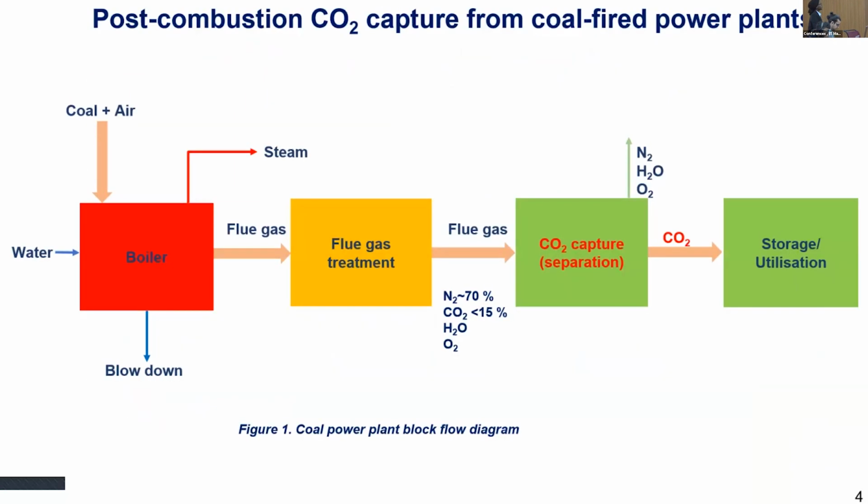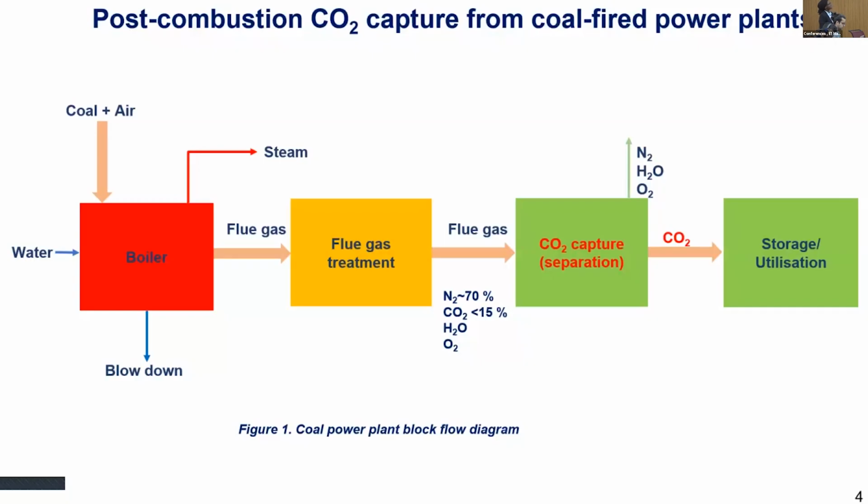The figure shown in the slides is a simplified block flow diagram of post-combustion CO2 capture from a coal-fired power plant. In the beginning, you have coal and air that burn in the boiler, and then water is changed into steam.